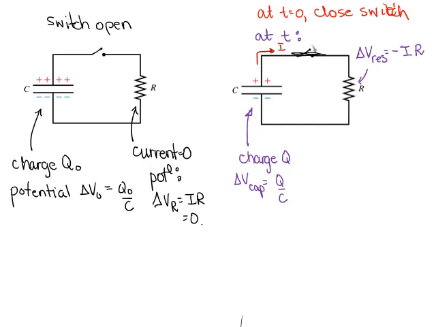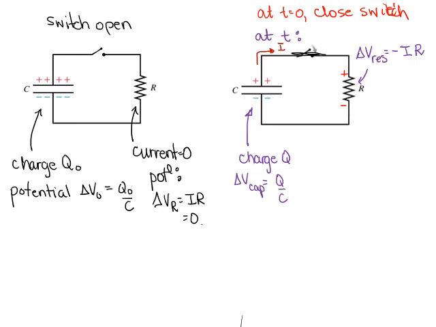In terms of drawing the pluses and the minuses, the top plate of our capacitor is positive. That means the top end of the resistor is positive and the bottom end of the resistor is negative. So we get a potential drop when we have the current flowing through the resistor in the orientation shown.